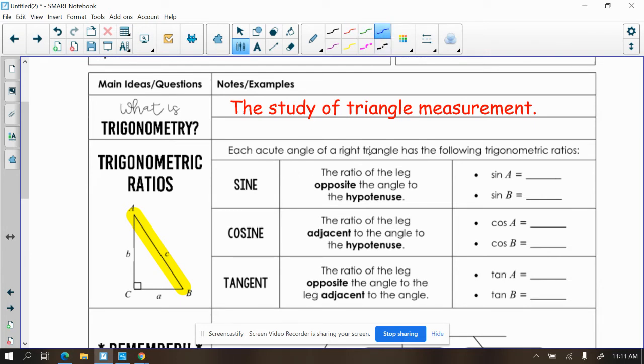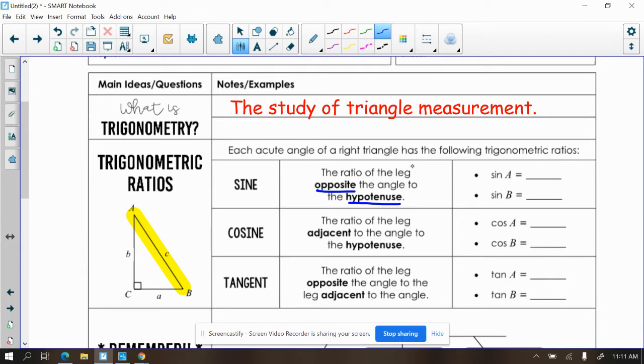Each acute angle of a right triangle has the following ratios. Sine is the ratio of the leg opposite the angle to the hypotenuse.